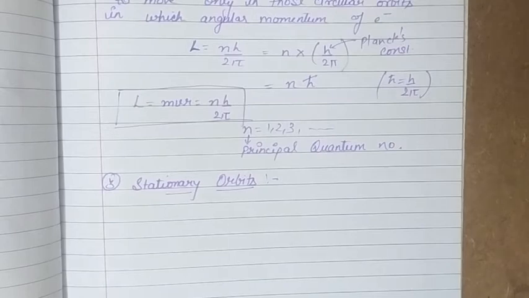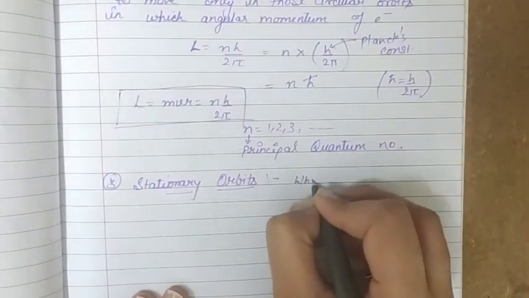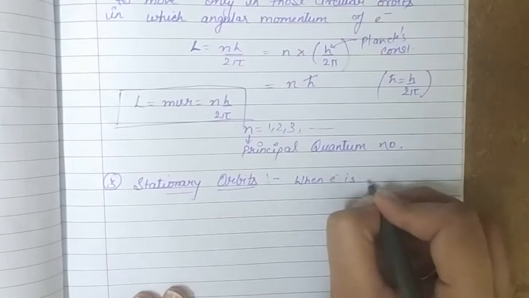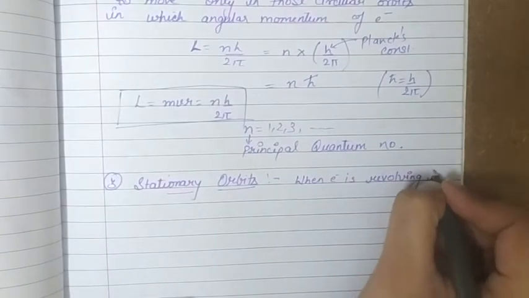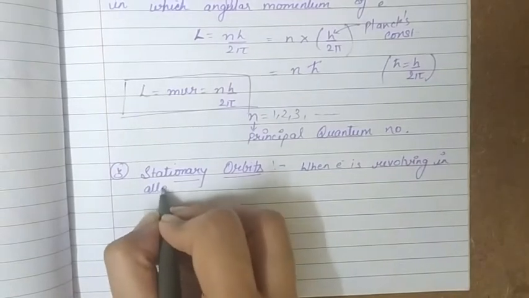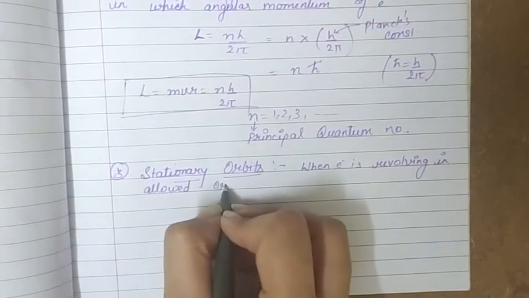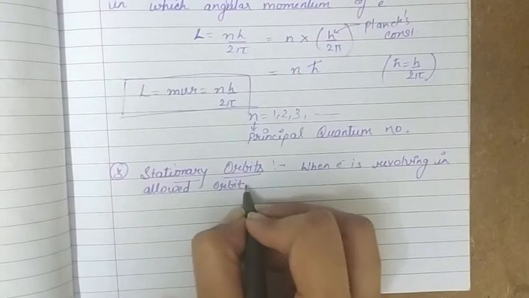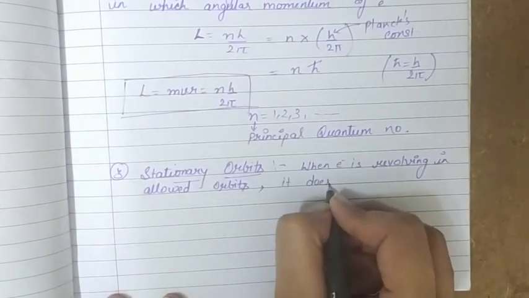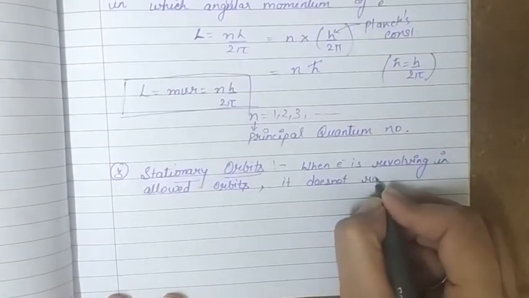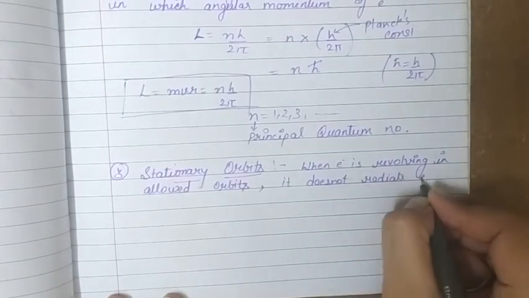It means these orbits are non-radiating and we call them stationary orbits. So when an electron is revolving in allowed or permissible orbits, it doesn't radiate energy.